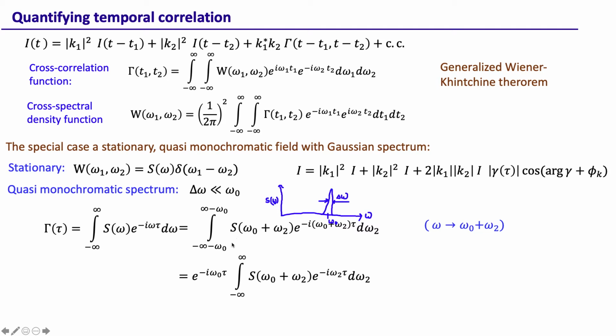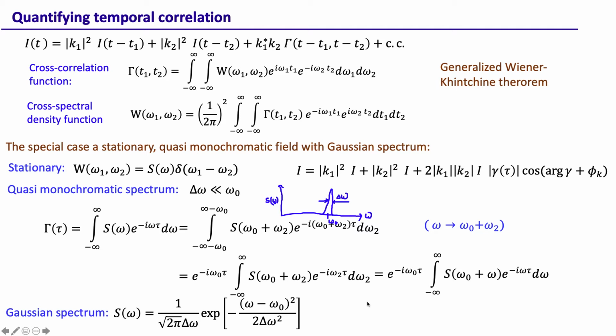Since it is quasi-monochromatic, the limits do not really matter, because this quantity is the same as minus infinity to infinity. That is the approximation we have, and then instead of omega 2 we can just write this in terms of omega as a simple integral.